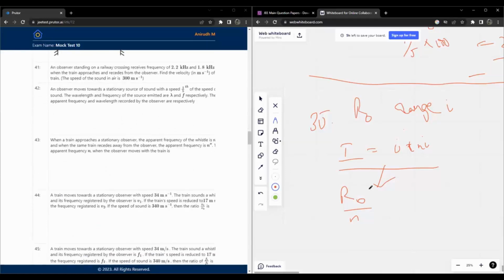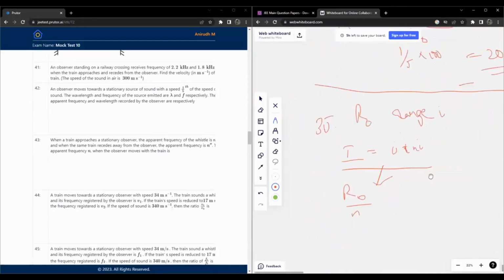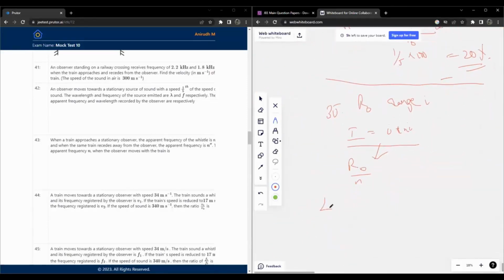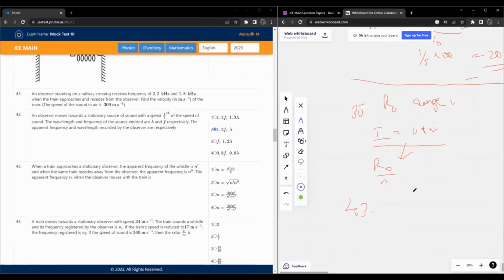And then we went to question number 43, where a train approaches a stationary observer. The apparent frequency of a whistle is, let's just expand this, the train approaches the stationary observer, whistle in the air. This is something that we did earlier also.